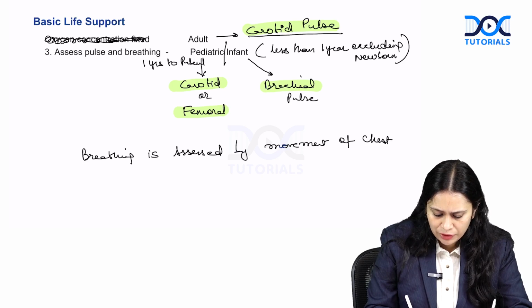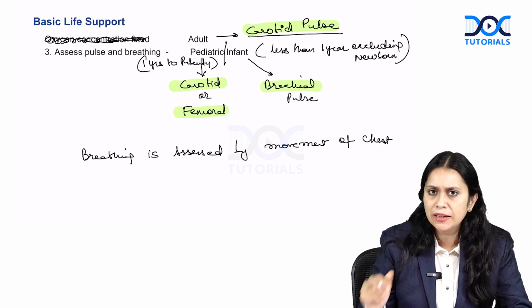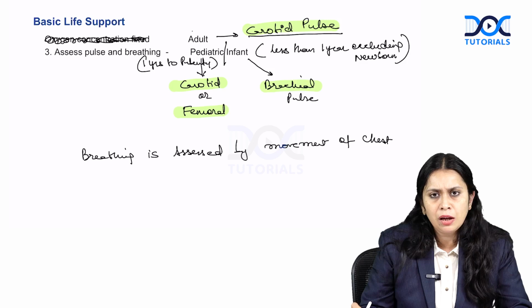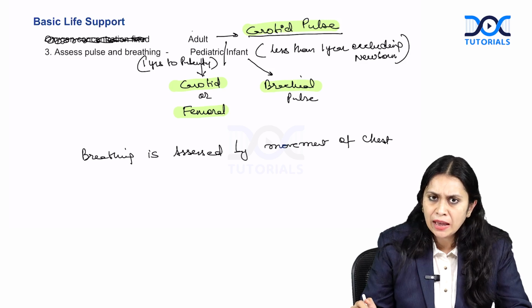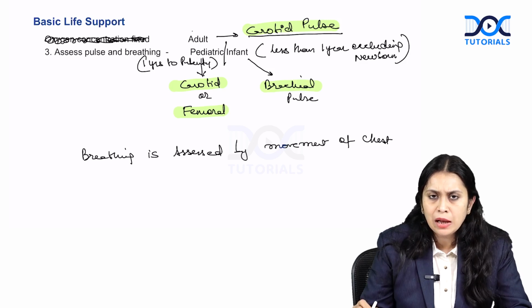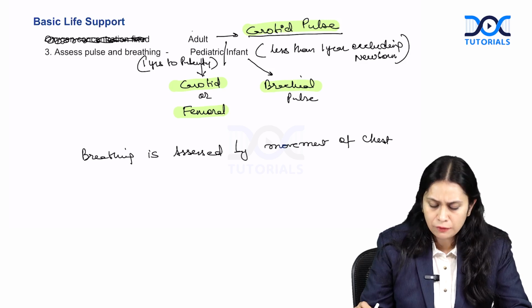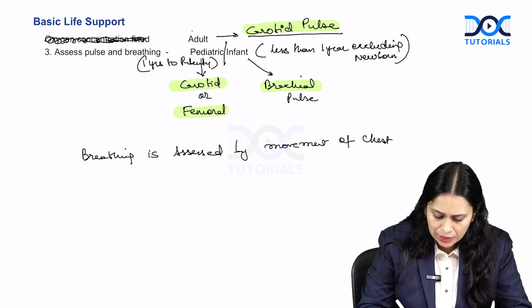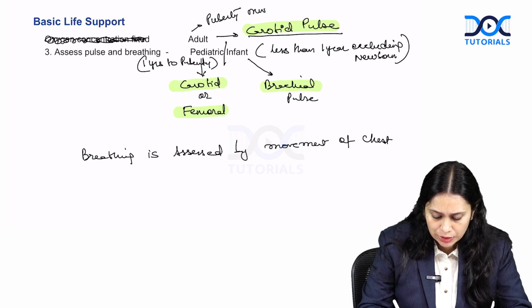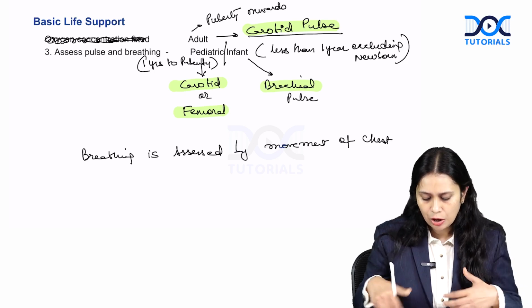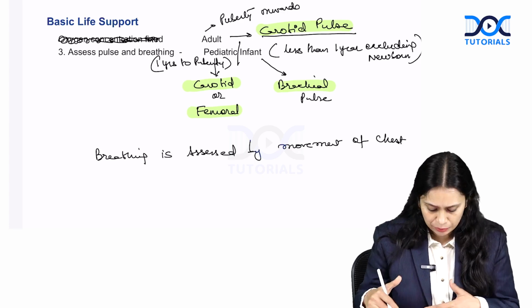When resuscitating a person, we see the signs of puberty, which are axillary hair in boys and breast bud in girls. And in adult, puberty onwards is adult. Okay, so this is how we assess the pulse and breathing of the patient.